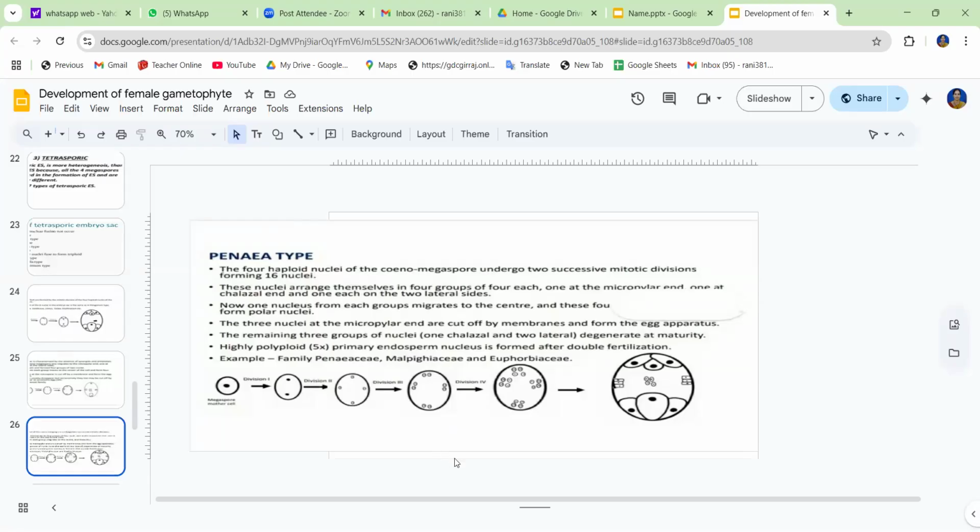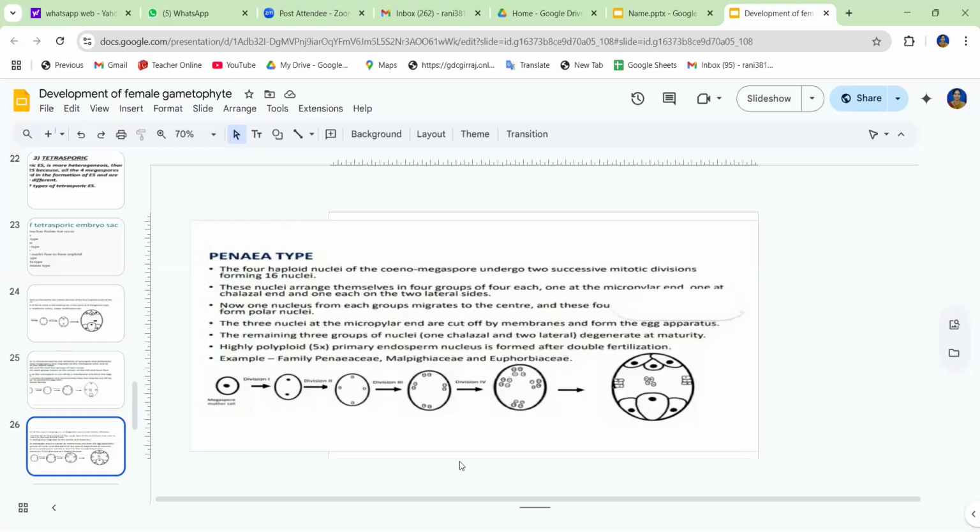Okay, so this is the Penaea type. That means the 16 nuclei lie in 4 distinct quarters, which are arranged crosswise, 1 at each end of the embryo sac and 2 at the sides. Now 3 nuclei of each quarter become cut off as cells, while the 4th one remains free and moves towards the center.